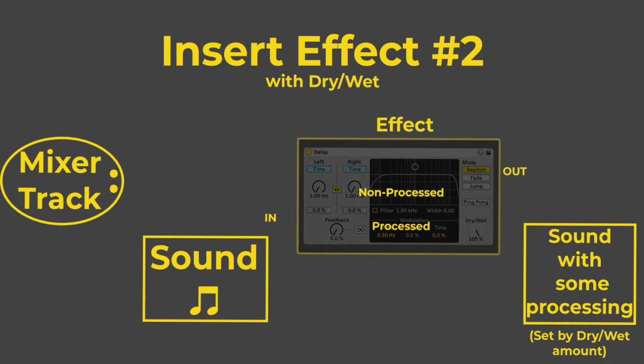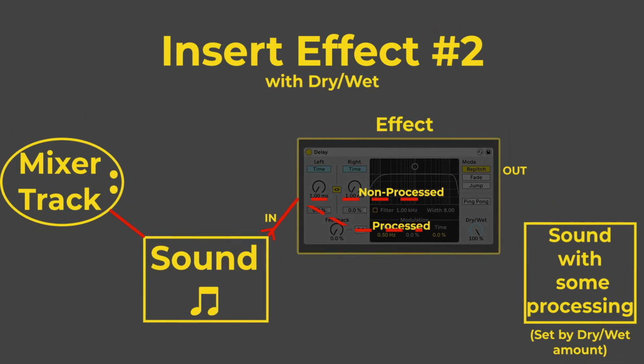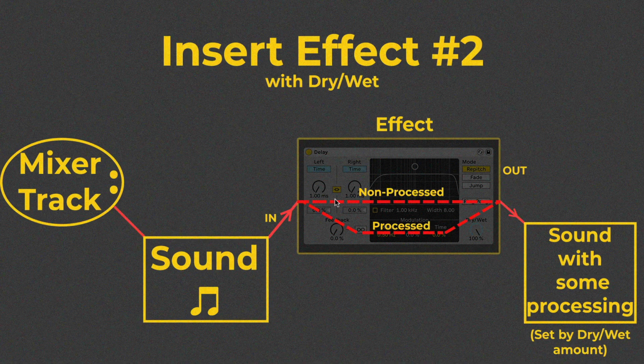And now insert effect 2. Sorry about the zigzagging, but it just fitted on the screen a bit better. So once again, we have an insert effect that's been placed directly on the signal path on a track, which means once again, the sound on the track is going directly into the effect.